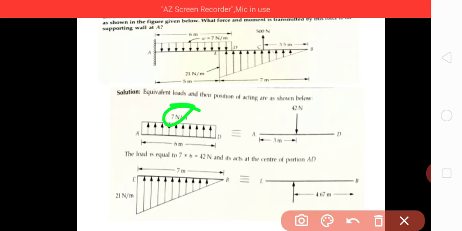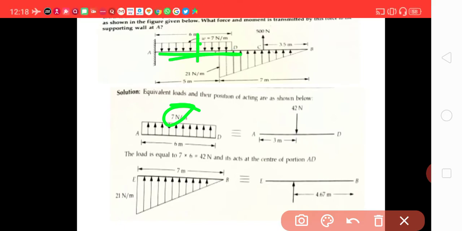Then because this is a uniformly distributed load, it is rectangular in section, hence its center of gravity will lie in the center, somewhere here, that is 3 meter from end A. So we have converted it to an equivalent point load by multiplying the distance into the unit load, that is 42 Newton, acting at its center of gravity, which is at a 3 meter distance from A or 3 meter from D also.